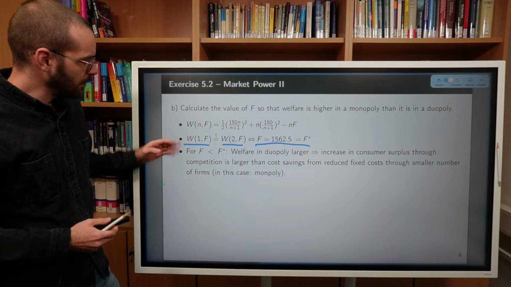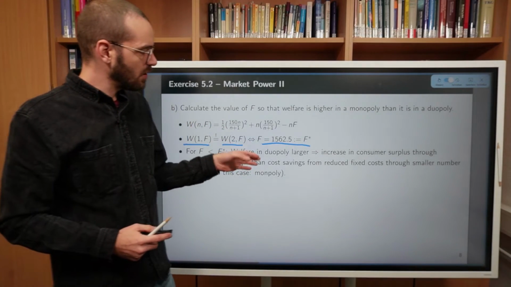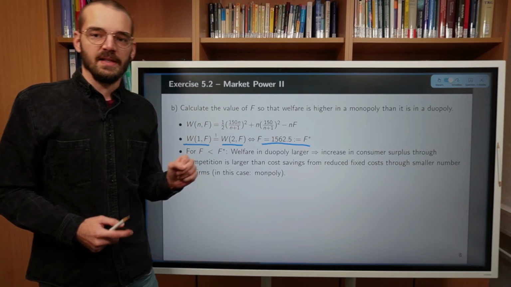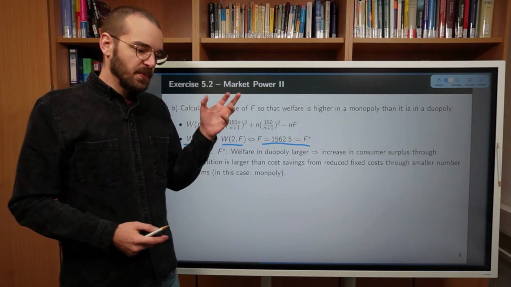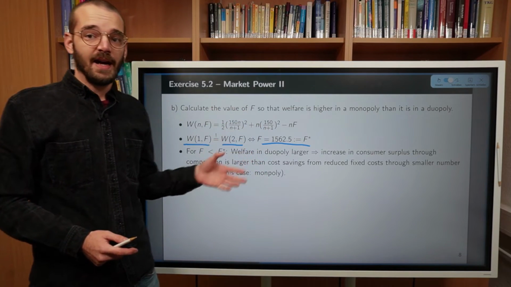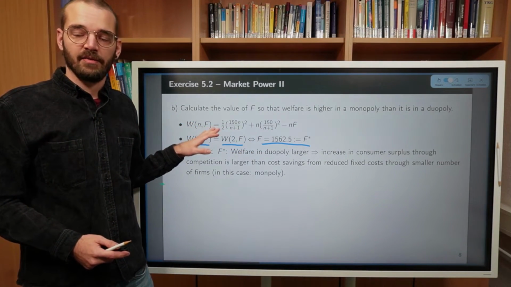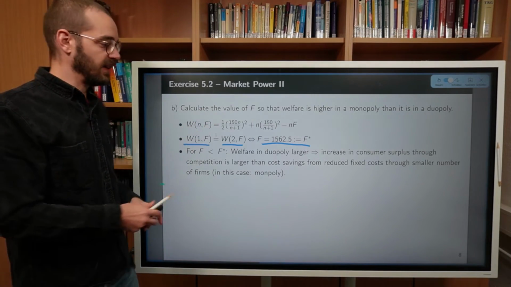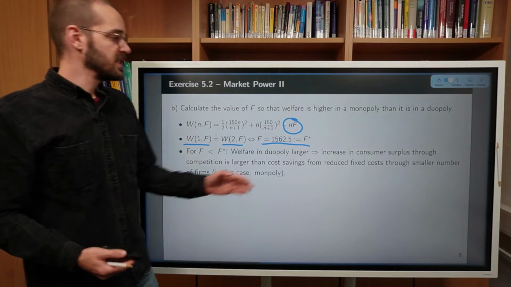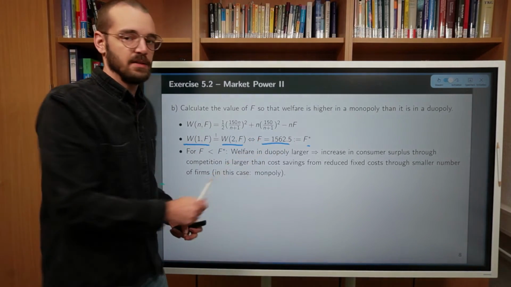Then what we next need to see is that for any fixed cost that is larger than this, welfare in the duopoly will decrease. Now, we can either find this or understand this mathematically by calculating the derivative of the welfare function with respect to capital F. And we will realize that because capital F is only in this last bit of the welfare function, the derivative of this welfare function with respect to capital F is negative, all right?